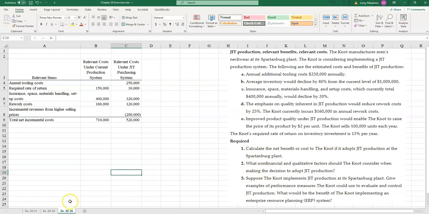Now, the next thing we have to look at here is what non-financial and qualitative factors should they consider when making the decision to adopt just-in-time production. Well, one of the first things I'm going to look at is having some type of detailed system where I can integrate all the sequential operations, the way that things go in the production process.